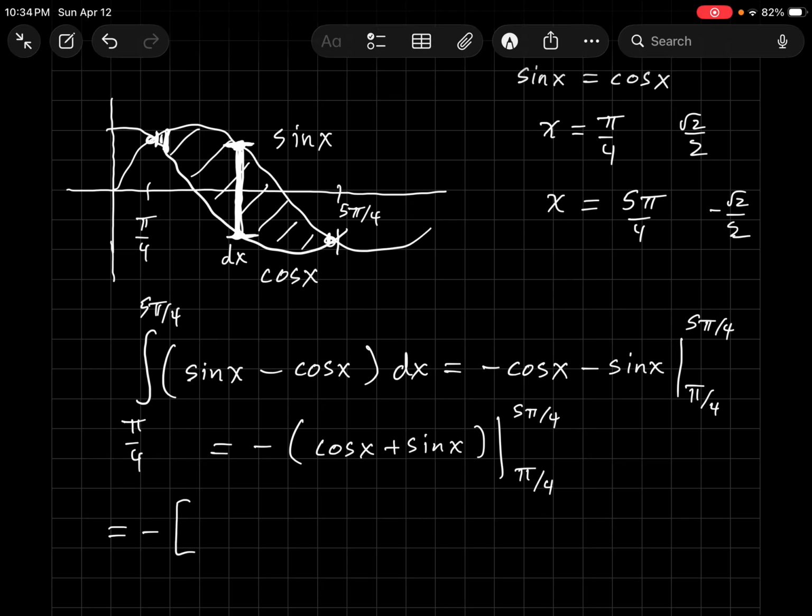Well, let's plug in 5 pi over 4, my top limit, giving me cosine of 5 pi over 4, negative root 2 over 2, plus sine of 5 pi over 4, so another negative root 2 over 2, minus, now let's plug in our lower limit, cosine of pi over 4 is root 2 over 2, plus sine of pi over 4 is also positive root 2 over 2.